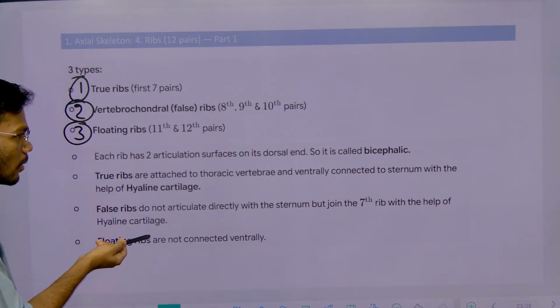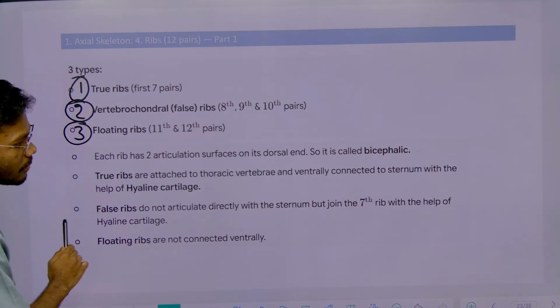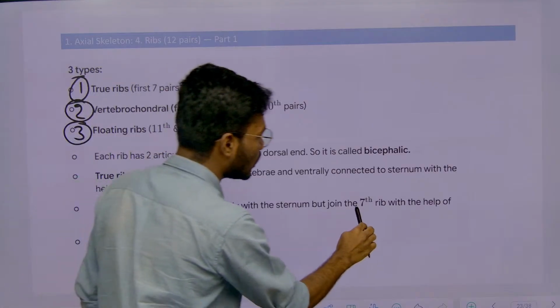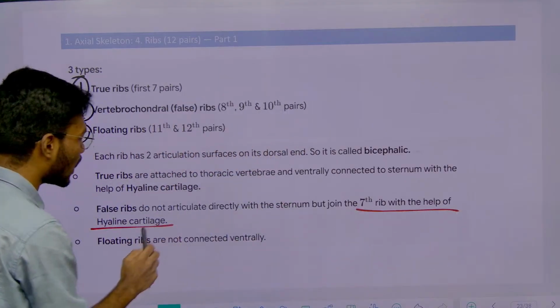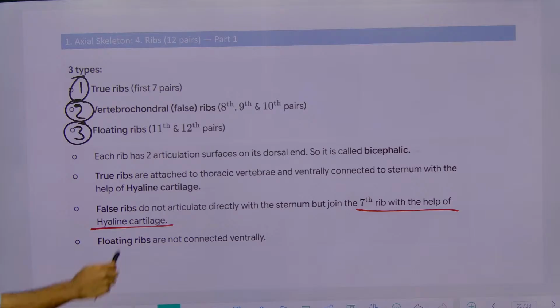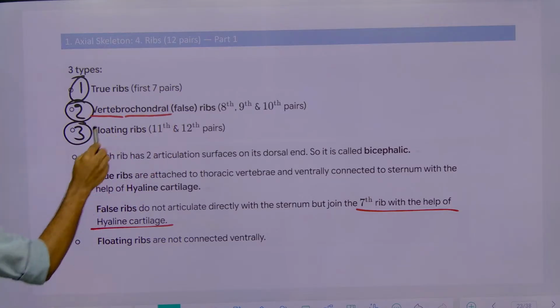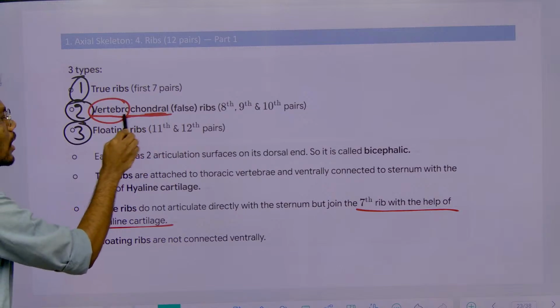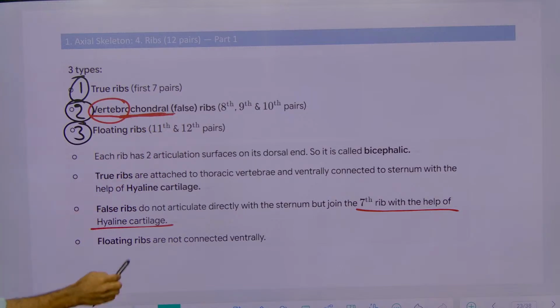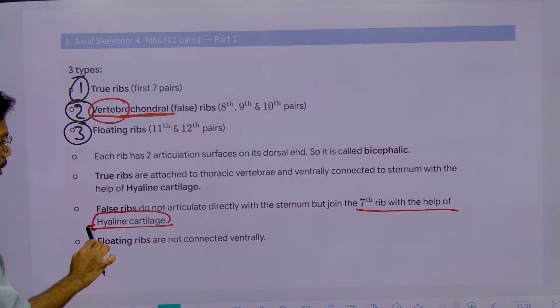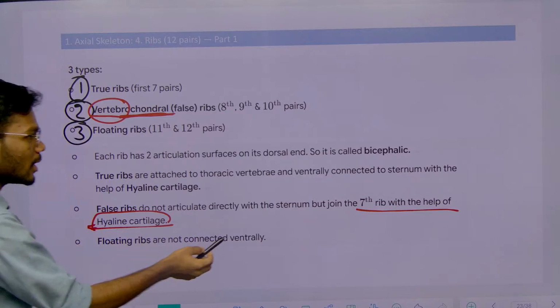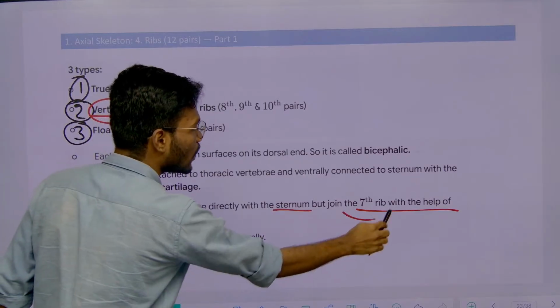Here they mentioned that it is attached with the seventh rib with the help of hyaline cartilage, but in initial books it is called vertebrochondral, right? Chondral means nothing but cartilage. So with the help of some hyaline cartilage, it is attached to the sternum via the seventh rib.